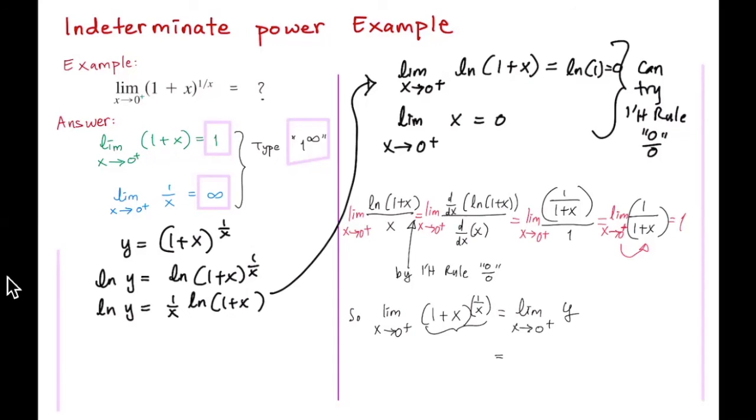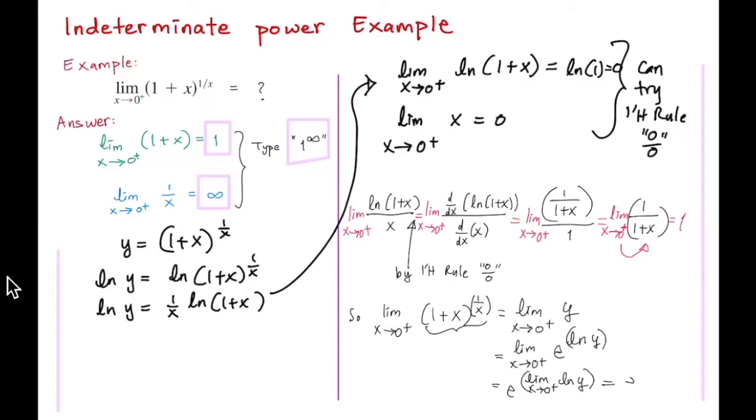And now let me replace y with e to the natural log of y. And e to the x is continuous everywhere. So this is equal to e to the limit of the natural log of y, which we had already computed.